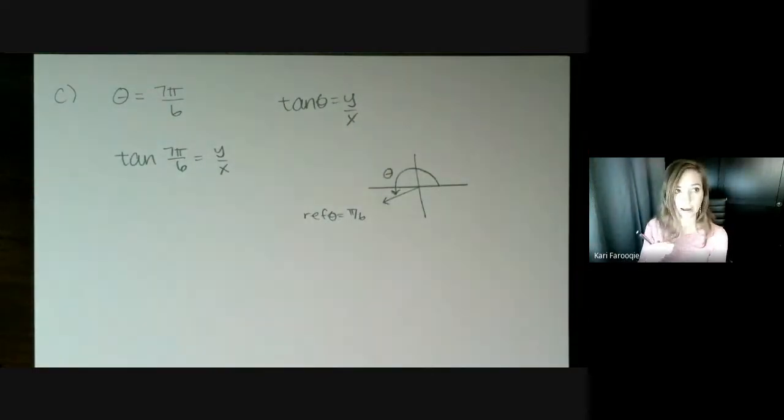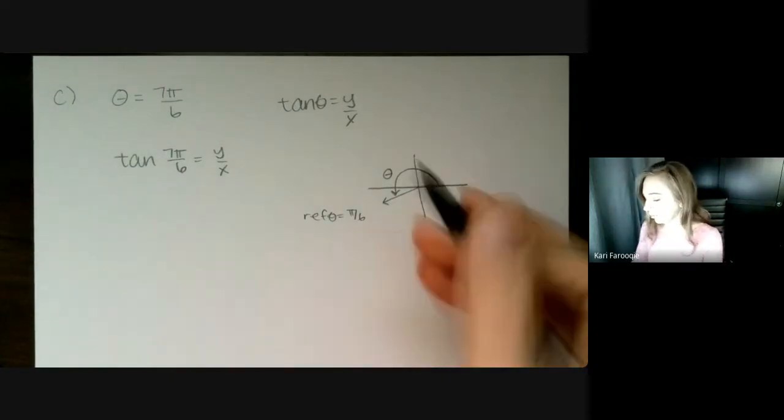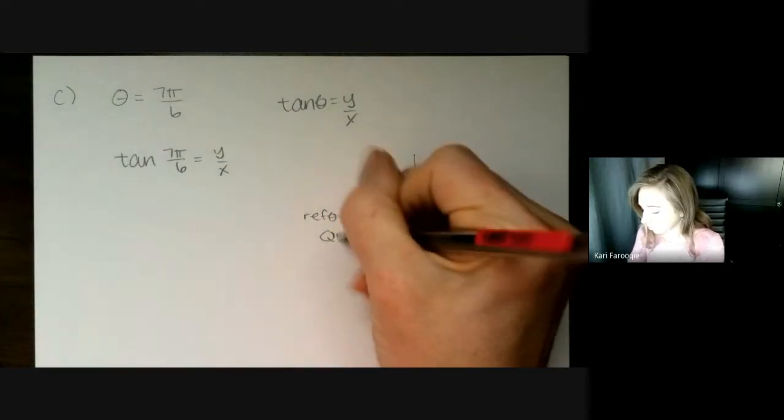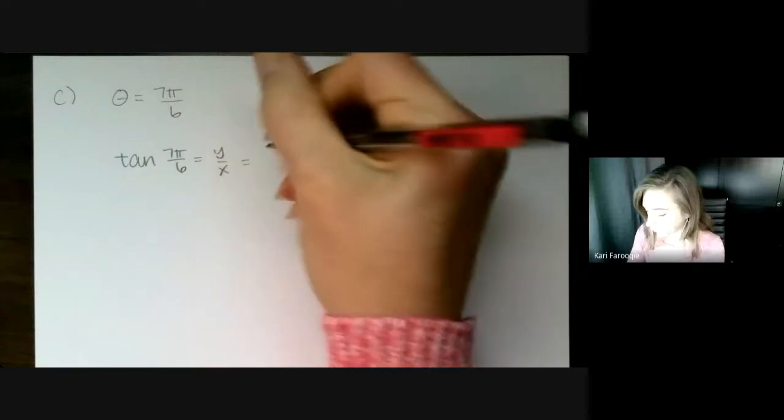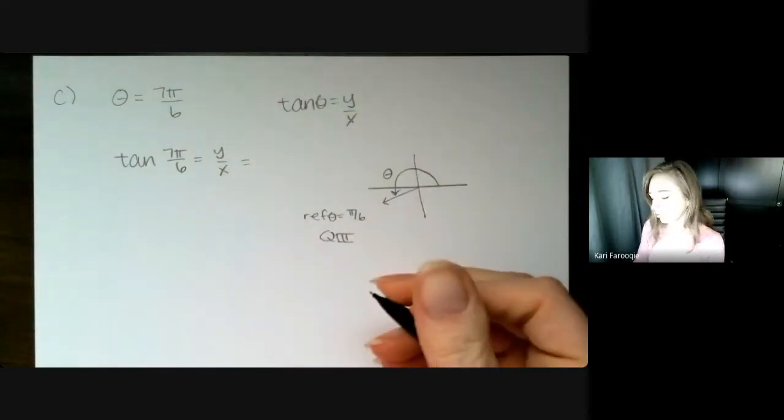It's just pi plus pi over 6. 6 pi over 6 plus pi over 6 is 7 pi over 6. So you're in quadrant 3. Tangent is positive in quadrant 3. And then you're just looking for the tangent value for that reference angle, and that would be root 3 over 3.